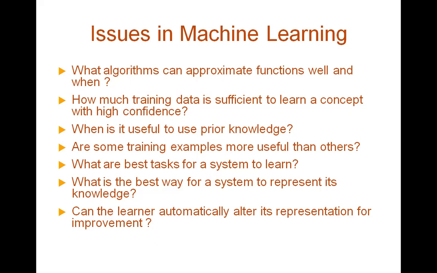While explaining KNN or reinforcement learning, I told you about the challenges you face while using KNN, locally weighted regression or reinforcement learning. All these things are nothing but the issues in machine learning. Each algorithm has its own challenges, so you can see them while learning those algorithms.